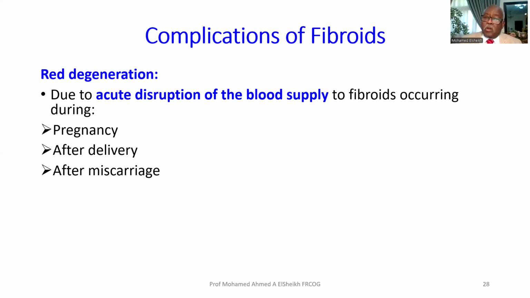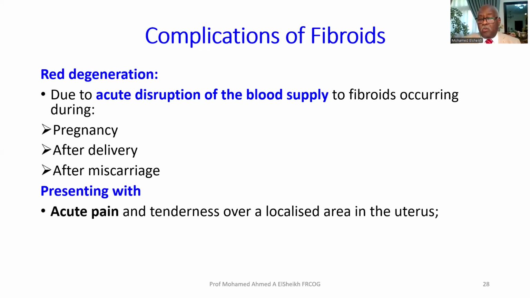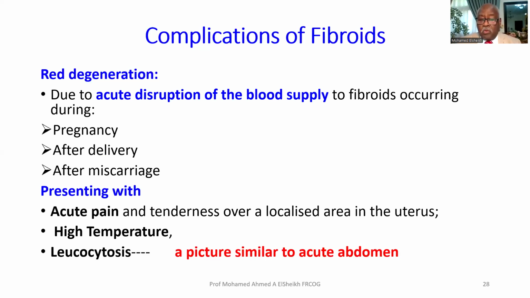Red degeneration presents with acute pain and tenderness over a localized area in the abdomen or the uterus, high temperature, and leukocytosis, a picture similar to acute abdomen.